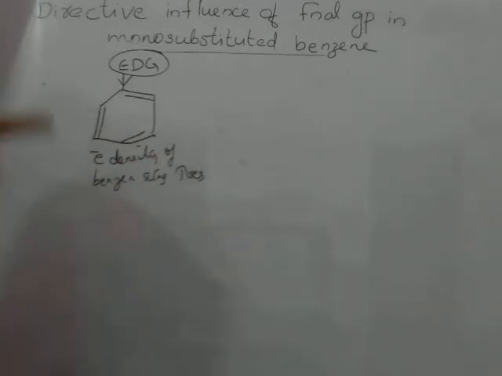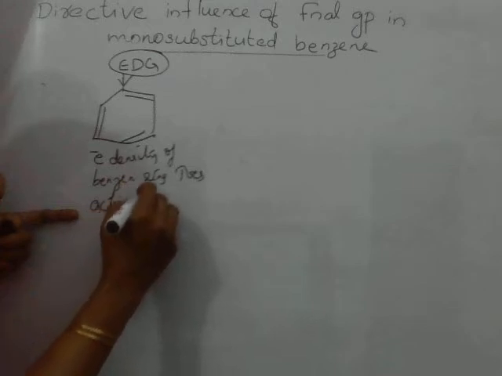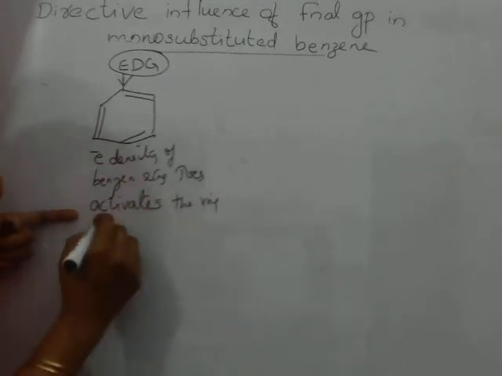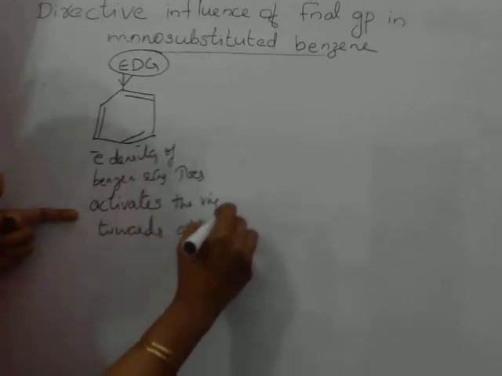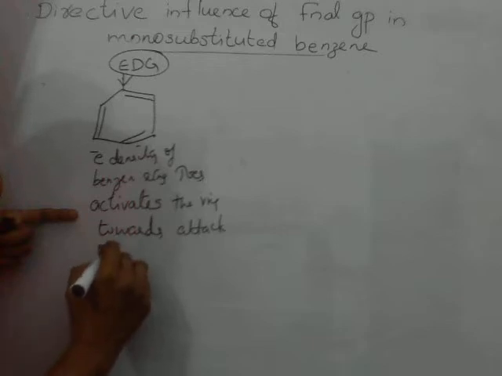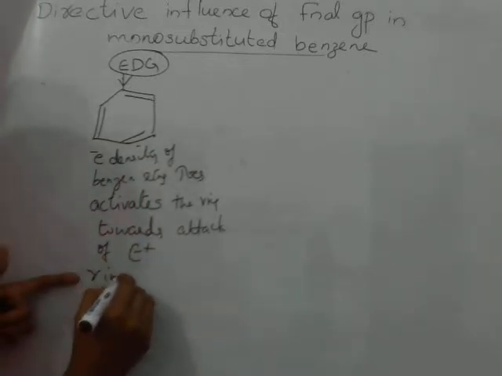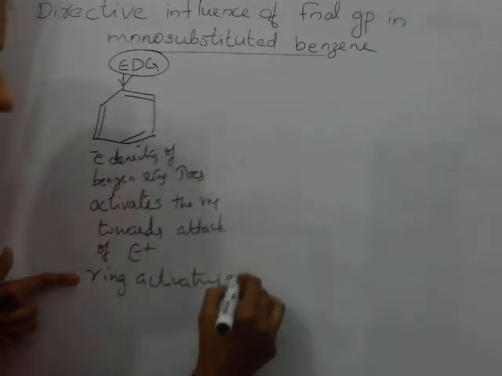The benzene ring becomes more electron rich. That means it activates the ring towards attack by electrophile. Such groups are called ring activating groups.